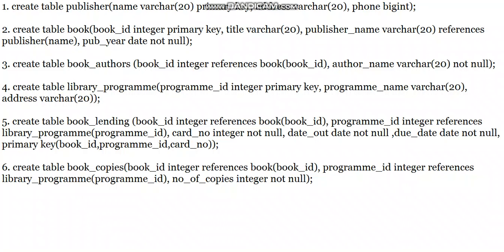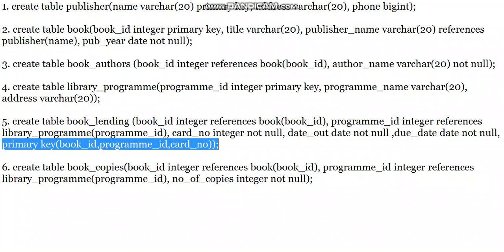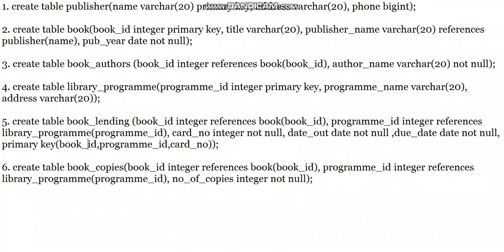Date out is of type date, recording when the student has taken the book from the library, and it should not be null. Due date is also of type date. Then the last constraint is a candidate key. The book ID, program ID, and card number together are made a candidate key, so the combination of all three should be unique.